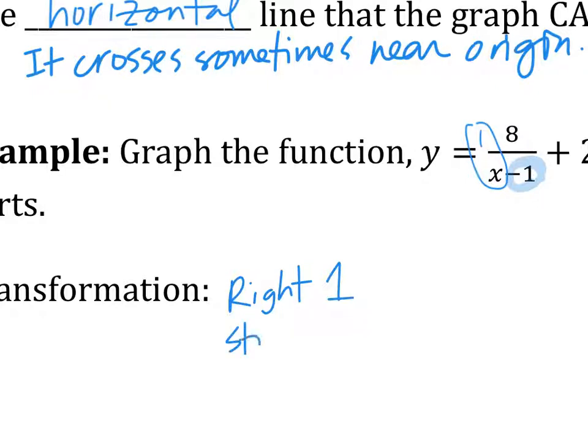Stretch 8. All right, that is the second thing that happens. The last thing is this 2 at the end. What does that 2 do? Yep. Up 2. All right, so this is what's going to happen to this function. We're going to move right 1, stretch 8, and then move it up 2.